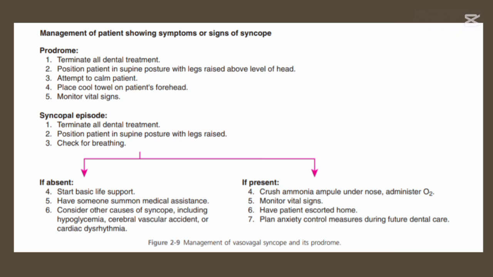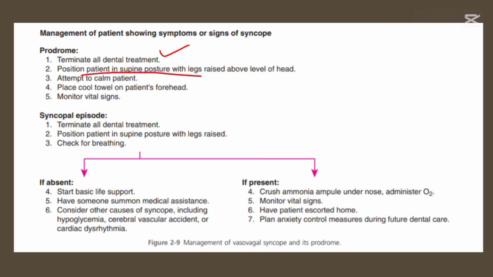What to do in this patient? Number one, if the patient has a prodrome, that is, the patient has signs before fainting, the patient is not yet faint but there are signs. What you have to do is stop all the dental treatment. Very important.